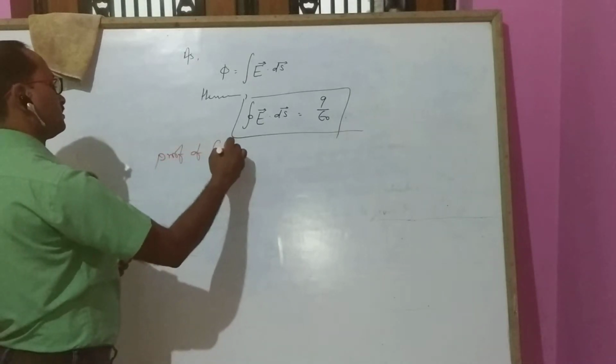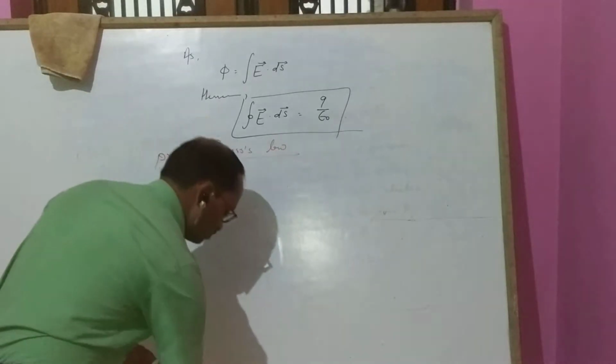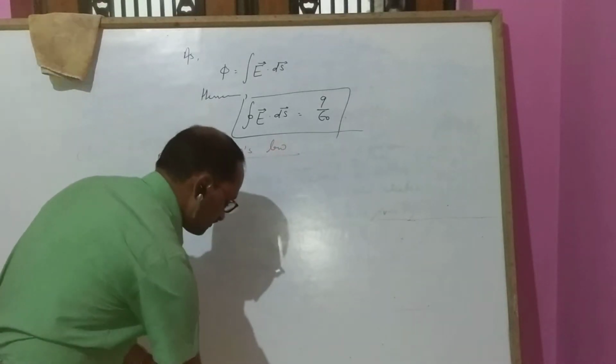Proof of Gauss's law. To prove Gauss law, we have to consider a closed surface.